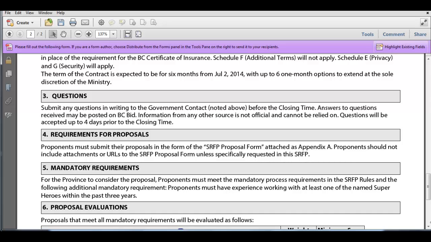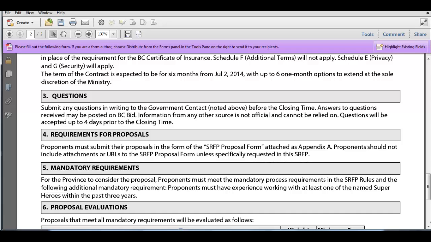Okay. Section 5 then moves on to talk about mandatory requirements. Now, I've been talking about the importance of being on time, the importance of using the Appendix A, and these are all part of our mandatory process requirements. And you'll see in Section 5, it says that you must, as a proponent, meet all the mandatory process requirements that are in the SRFP rules.